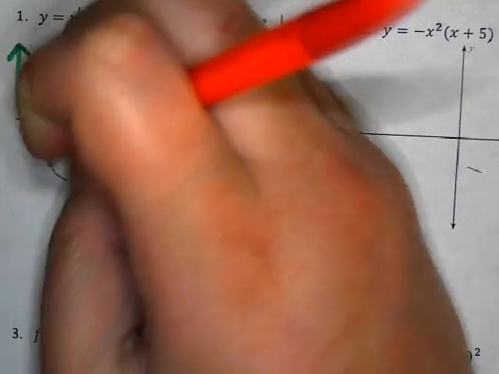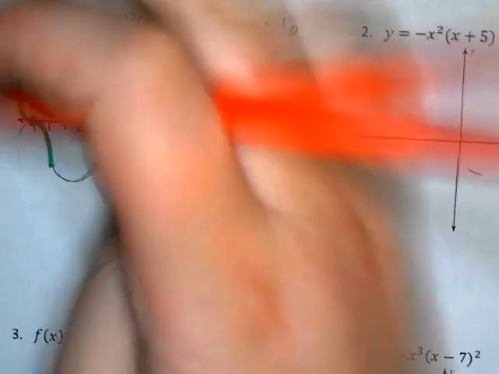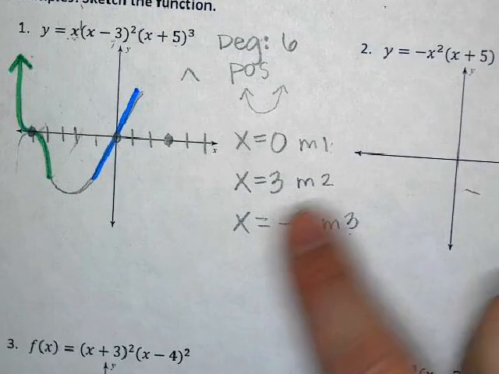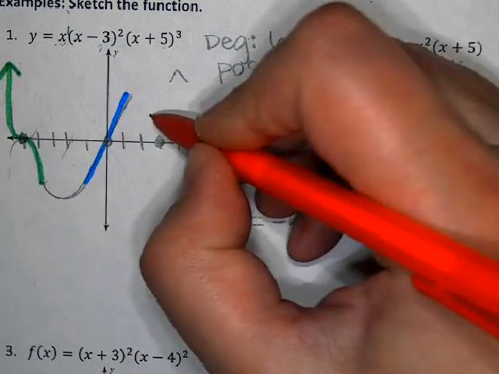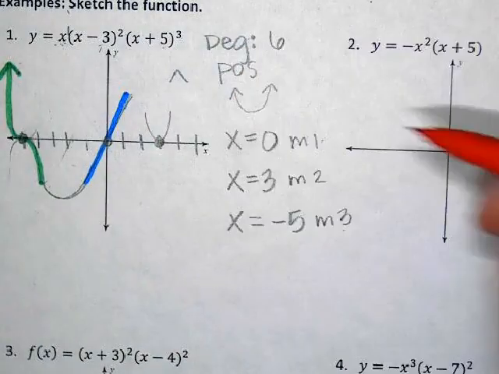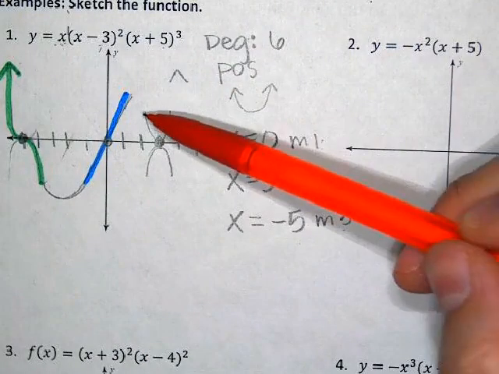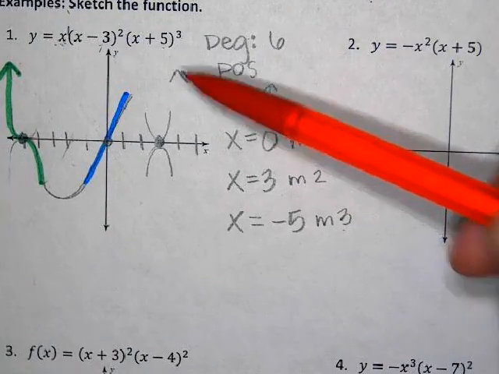Let's try the next one. Okay, the next one is an x-intercept of 3. This has a multiplicity of 2. The multiplicity of 2 is the U shape. I have two options. I can have a U shape up here, or I can have a U shape down here. This time I have to connect to the blue, and I have to connect to the arrow. So do I want a U shape above or a U shape below?